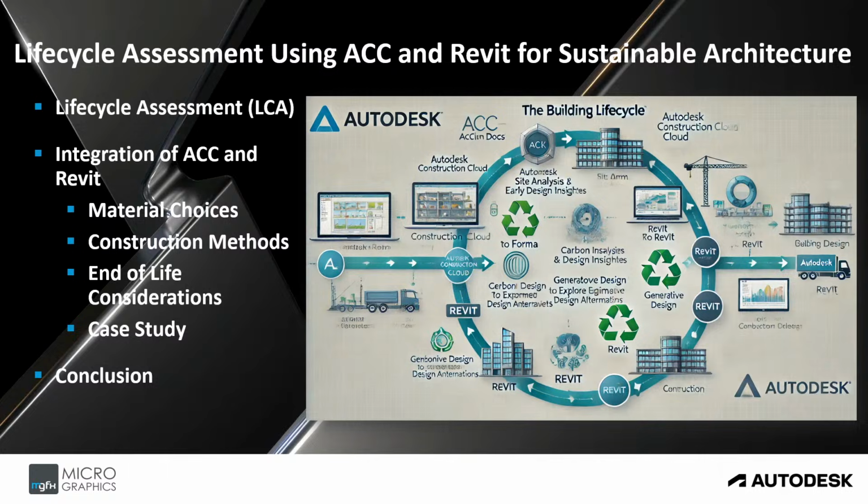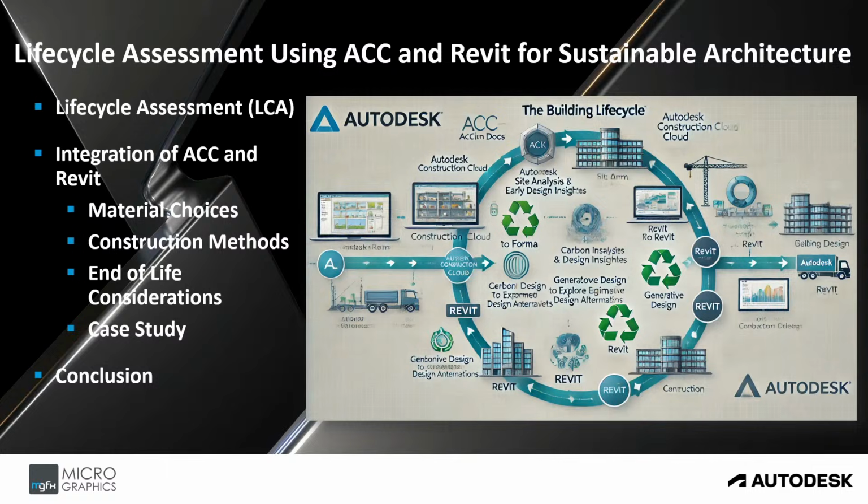Material choices and embodied carbon. A key component of LCA is selecting materials that minimize environmental harm. Within Revit and ACC, architects can track and select sustainable materials by examining factors like embodied carbon, energy consumption during production, and recyclability. Embodied carbon refers to the total greenhouse gas emissions associated with the production and transport of building materials.